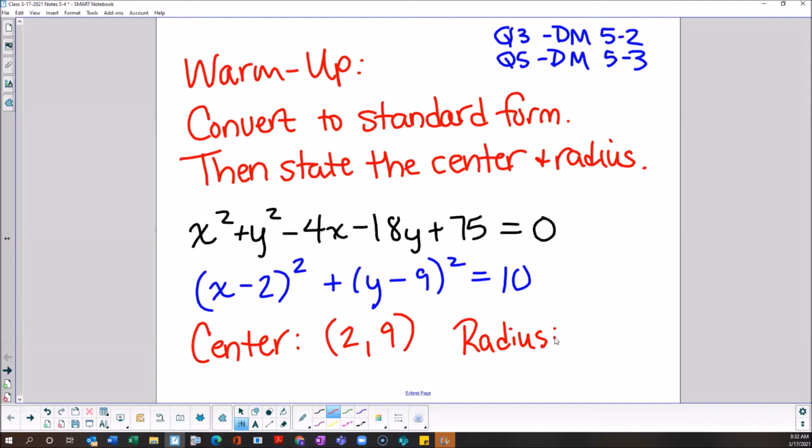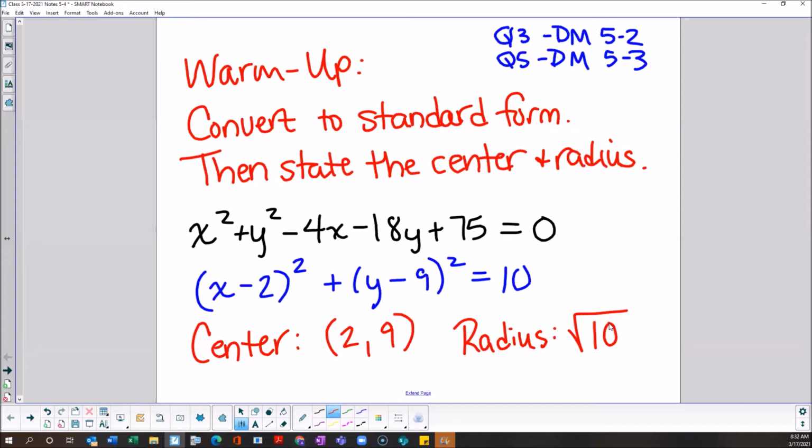So what would the radius be? Other way around, right? The square root of 10. Okay, so you're going to take the square root of the number that's after the equal sign.